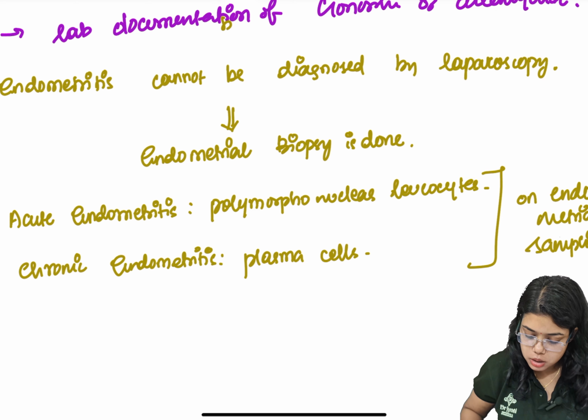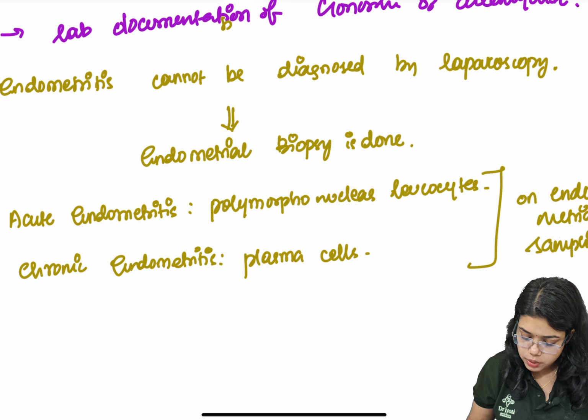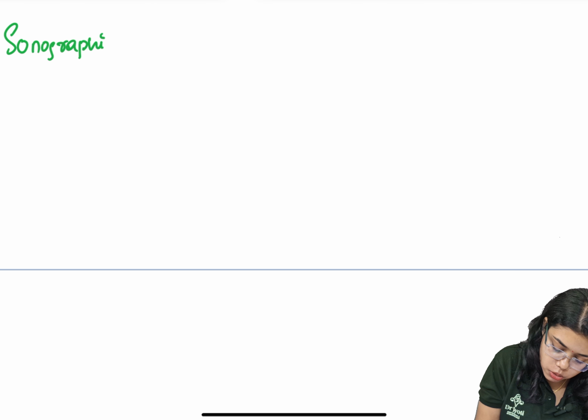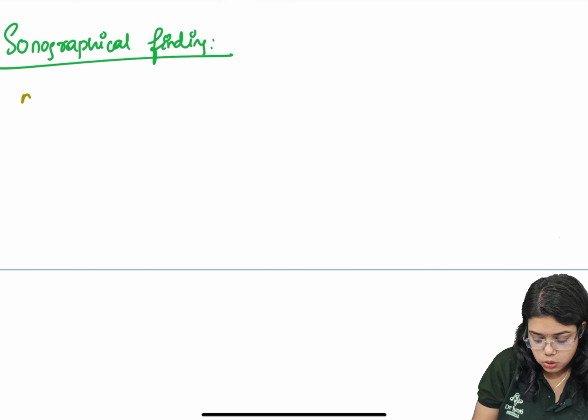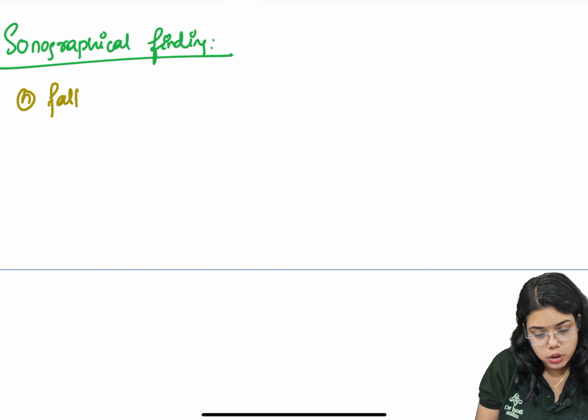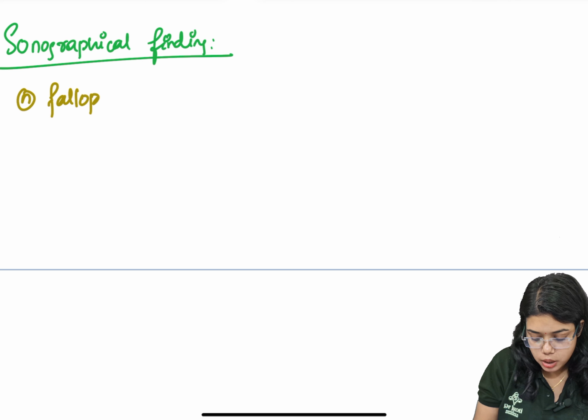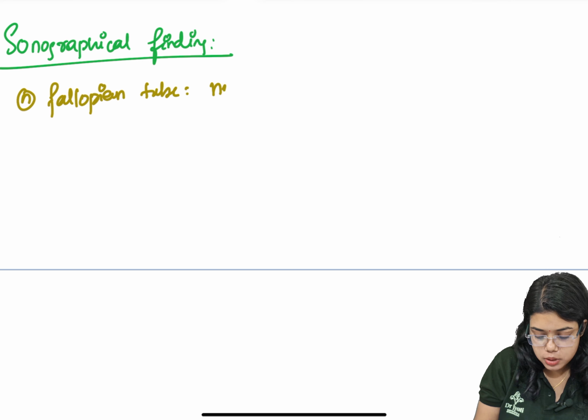Okay, understood. Then we can also use sonography for diagnosis. So what are the sonographic findings? A normal fallopian tube is not visible on ultrasound.